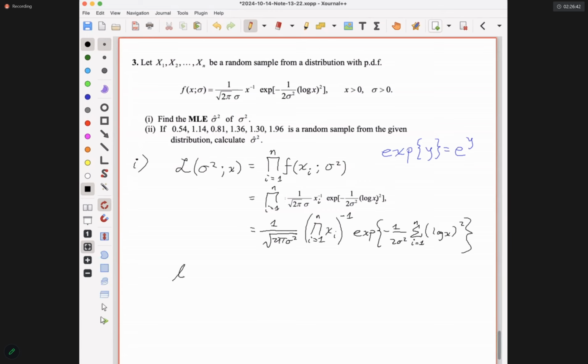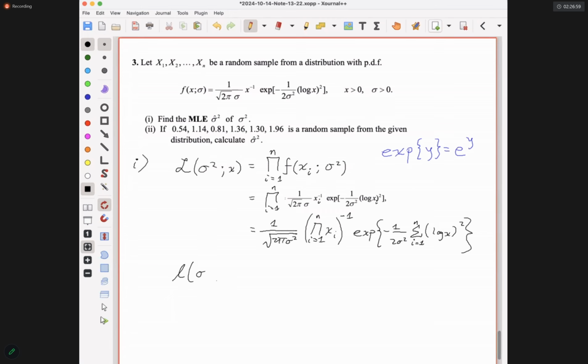And then the next thing we need to do, because we want to differentiate this, and differentiating something with a product in it is very impractical, we're going to take the log of it.